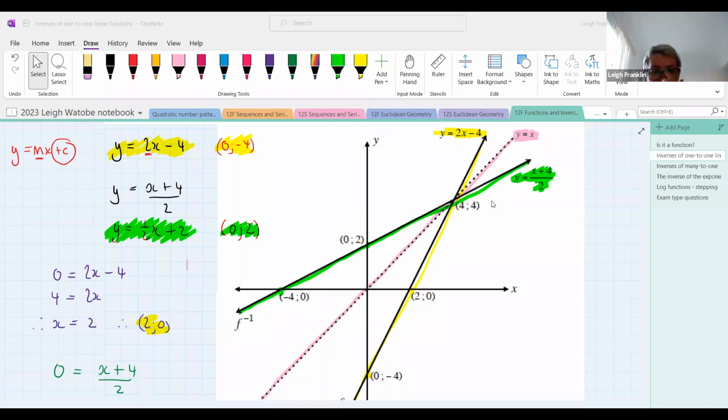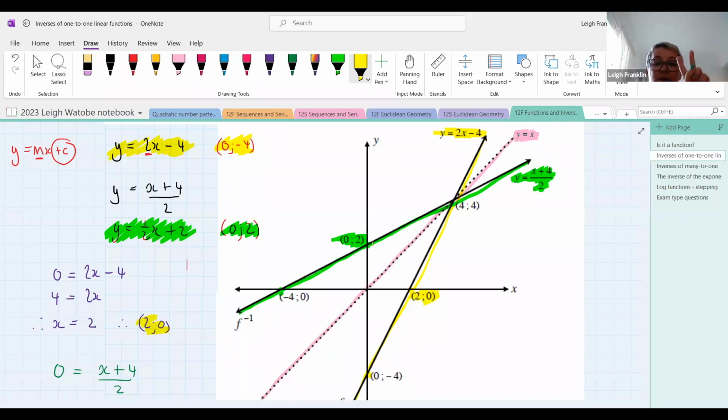Okay. So the other thing that I wanted to point out to you is that what was Y has become X and what was X has become Y. Remember, that's what happens when we reflect over the line Y equals X. So look here very carefully. Here was the Y-intercept at 0 and 2. It is now the x-intercept of your inverse function at 2 and 0.